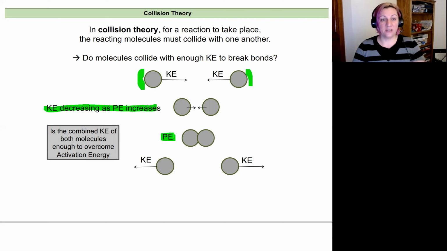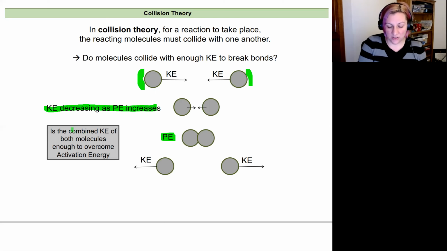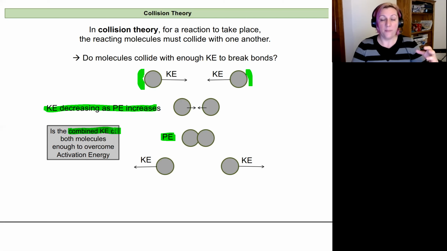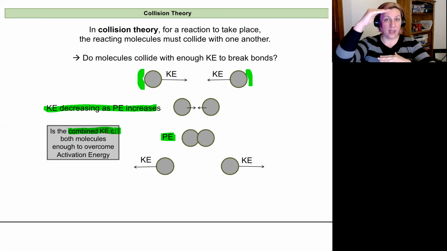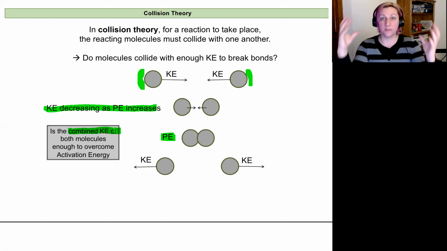So now that they've collided, the question is, is that combined kinetic energy, so the kinetic energy brought by both particles, enough to overcome the activation energy? So if that combined kinetic energy that has now been transformed into potential energy is greater than the activation energy, then we'll be able to see bonds break and bonds form and form products.